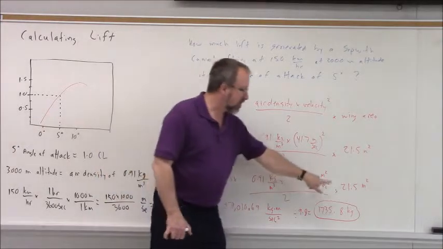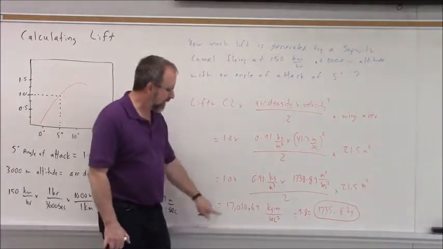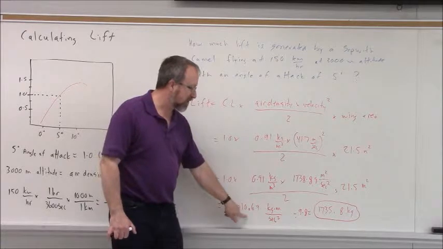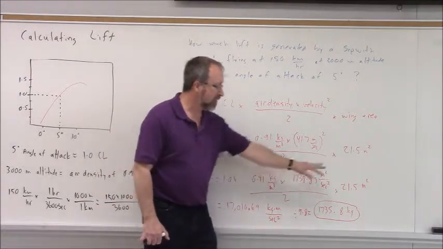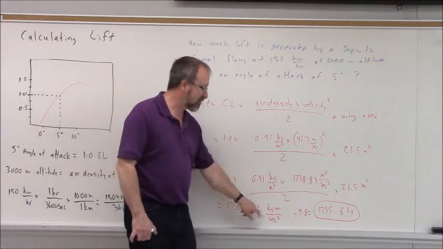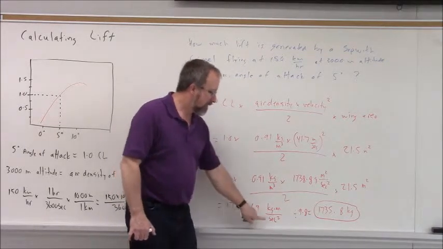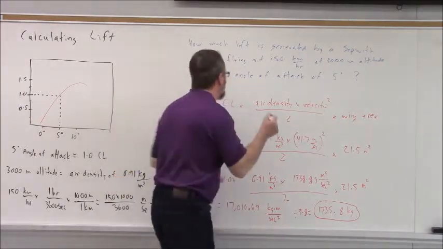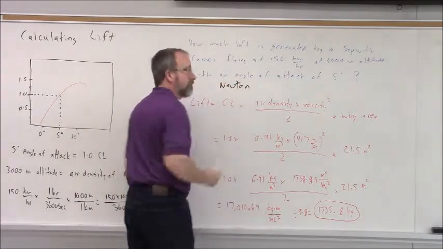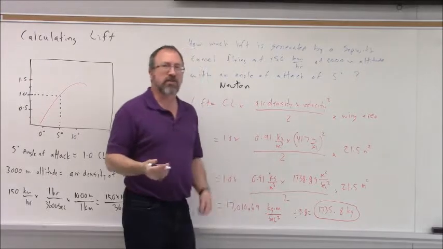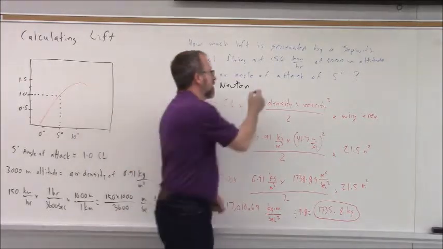When I multiply this all through, I'll end up getting 17,010.69 kilogram meters per second squared. When you look at all the units, you'll see that that resolves itself. That is something called a Newton. We don't want to measure it in newtons because we tend to think of things in kilograms.